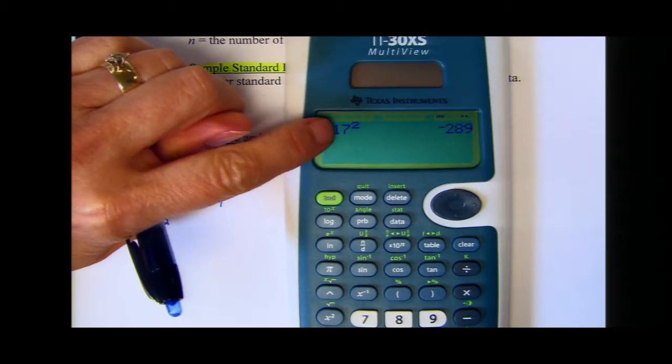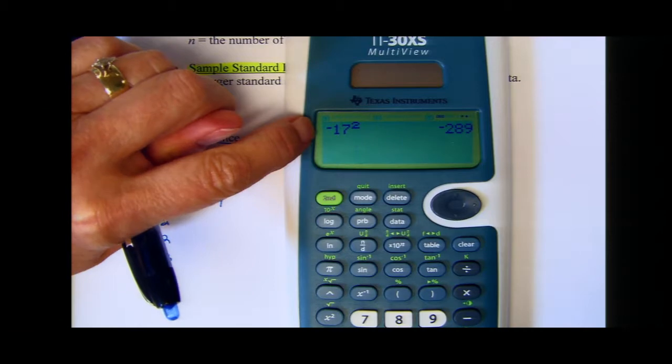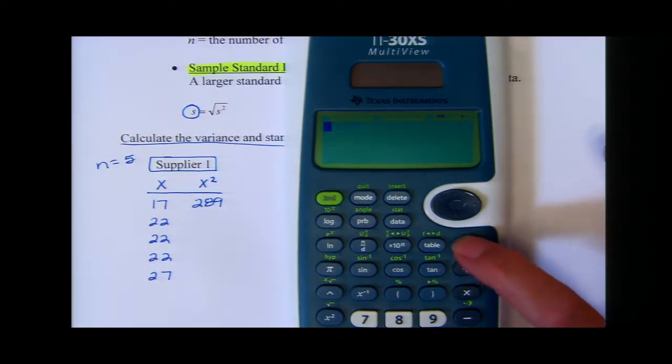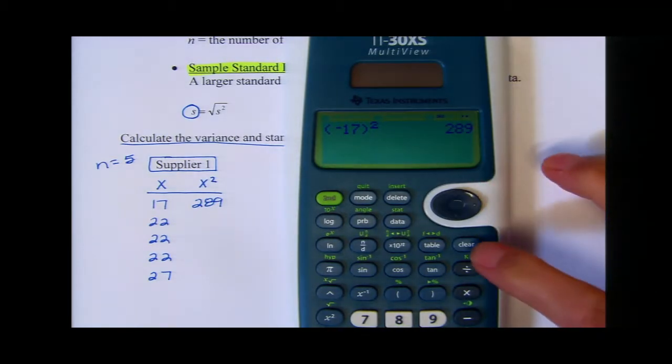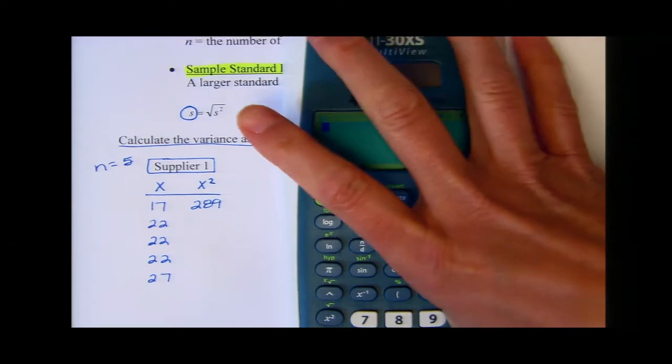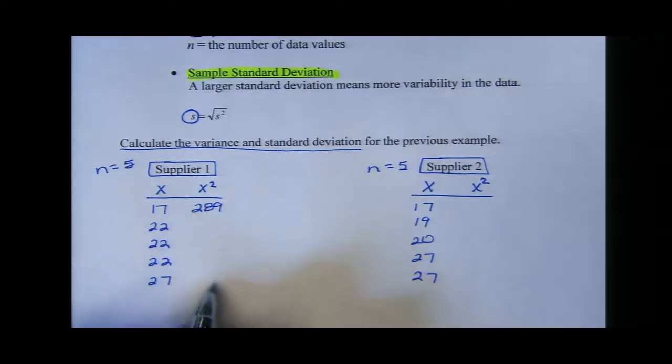What my calculator is doing is squaring the 17 and then applying that negative. To correctly put it into my calculator, I would put negative 17 into parentheses, and then I would square it, and I would correctly get my 289. What you need to remember is that your X squared column should never, ever, ever have a negative value in it.